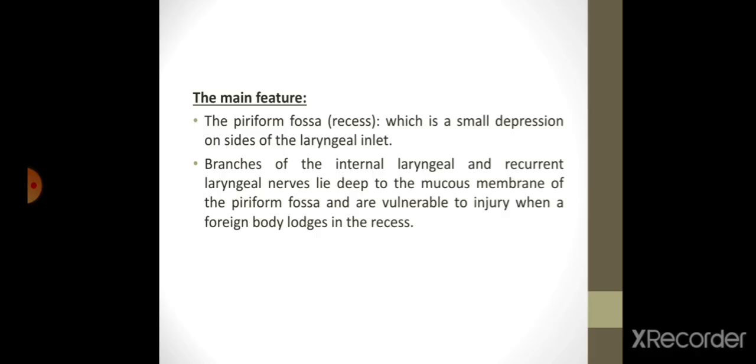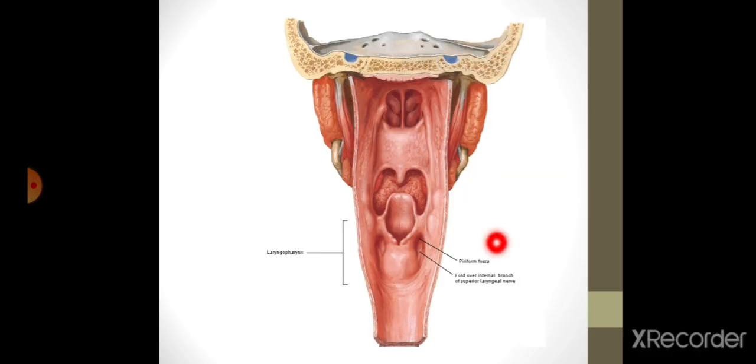The main feature is the piriform recess. This is the piriform recess. This piriform recess has very clinical importance. A fish skeleton or foreign body can be located here and lead to damage of the recurrent laryngeal nerve and or the internal laryngeal nerve.